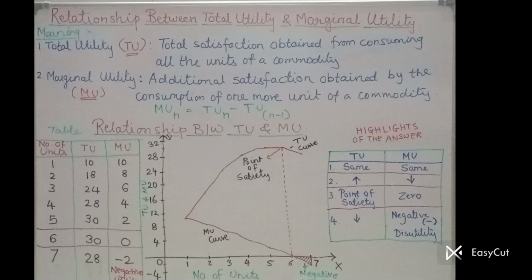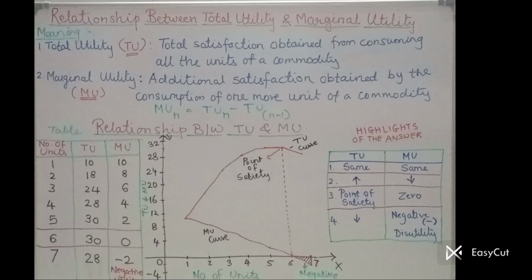That means let us assume, suppose you drank one glass of water, then again you drank another glass of water, then whatever satisfaction you are gaining from that second glass of water, that particular unit of a commodity, that is called marginal utility. Marginal means additional. What is the addition made to the utility by consuming one more unit?